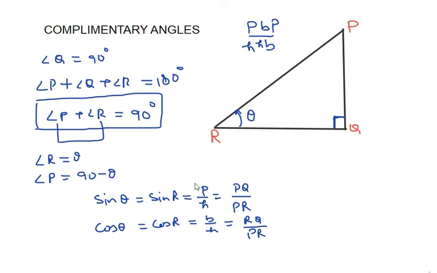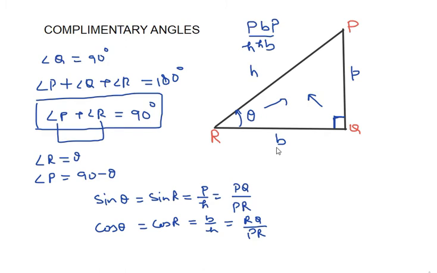Okay, you must be confused about which will be perpendicular, which will be base. So I would like to explain one more thing to you. Whenever we are considering right angle triangle, the side opposite to right angle is always considered as hypotenuse, and if we are taking angle R as theta, the side opposite to this angle will always be treated as perpendicular, and the remaining side will be base.